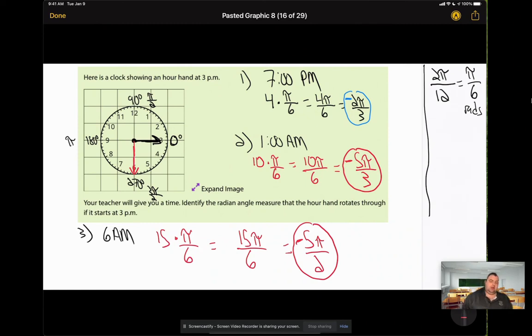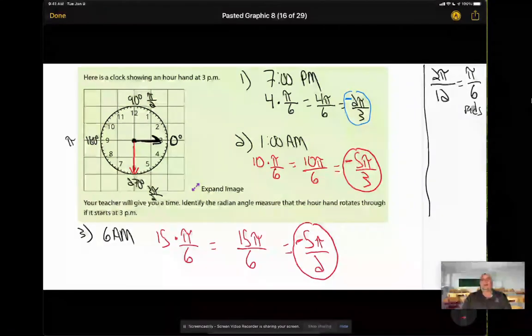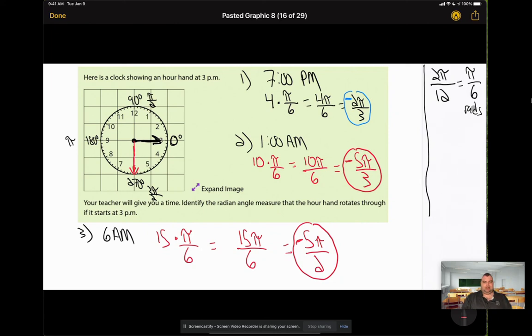negative. So the point of this activity is twofold. Okay, it's to show that when we rotate on a clock, each spot is worth pi over 6 radians, okay, because I know that one full revolution is 2 pi radians, and I know that there are 12 numbers on a clock, so that gives me each spot as pi over 6 radians.